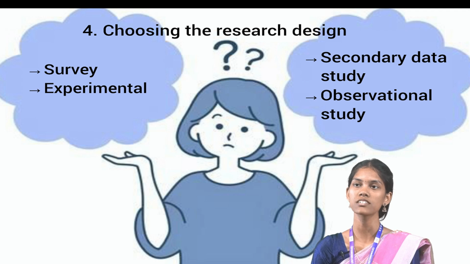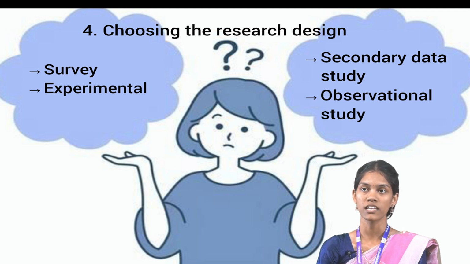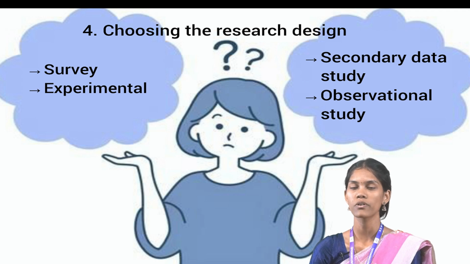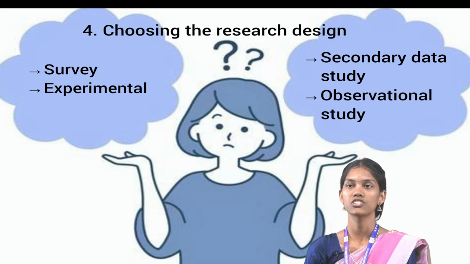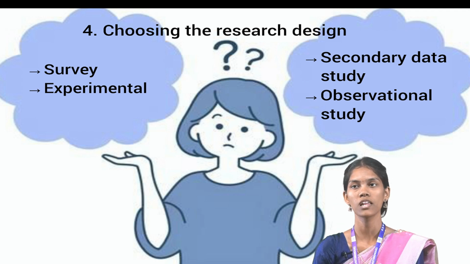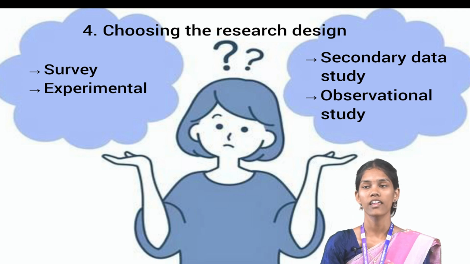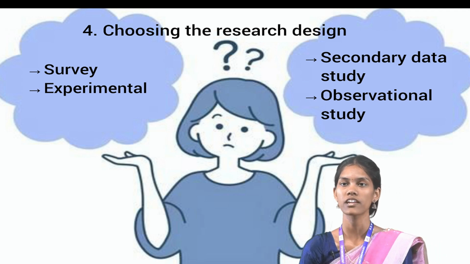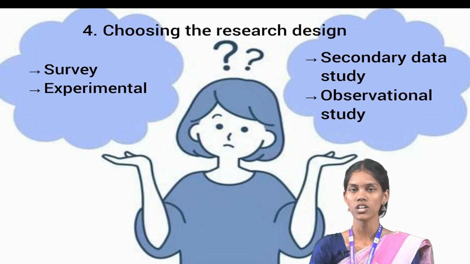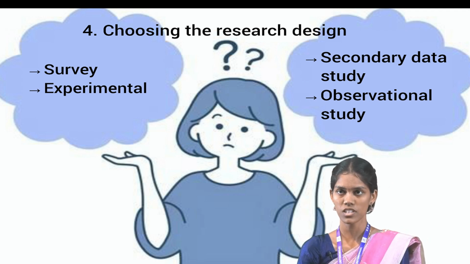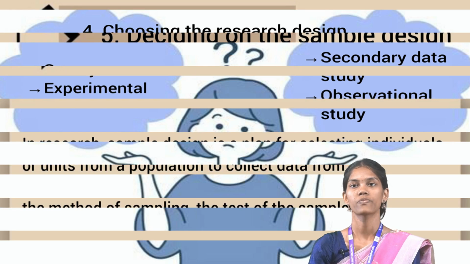And next topic is secondary data study. As I said before, newspapers, magazines, and journals can help researchers to access secondary data. And next one is observational study, when a researcher observes something and interprets data from the research problem.